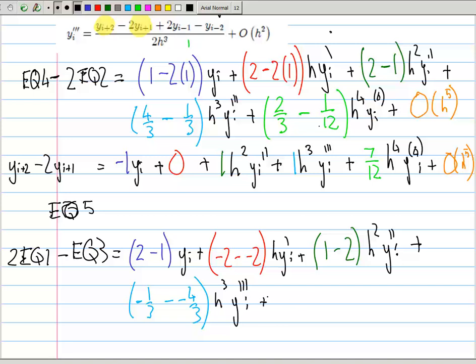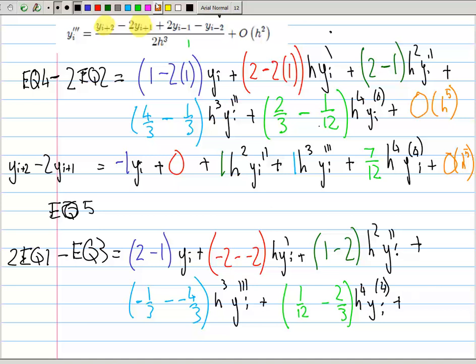And finally, we have our bright green, which is 1 over 12 minus 2 over 3, and that is our h to the 4, y to the 4th prime of i.